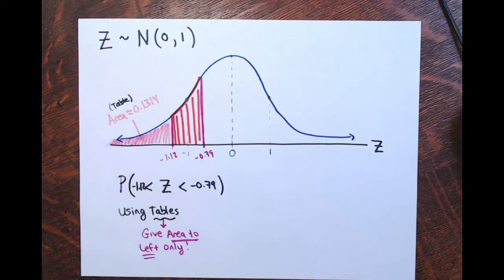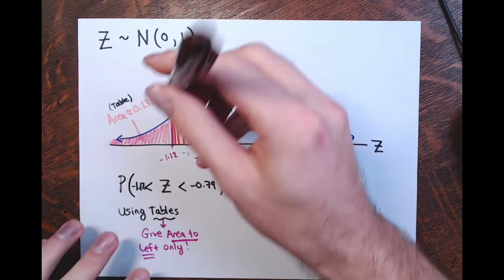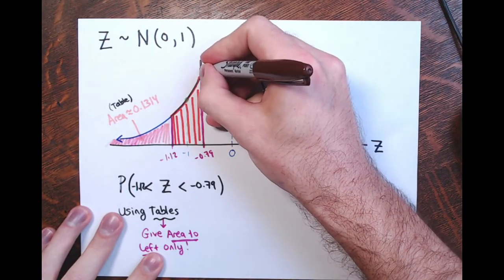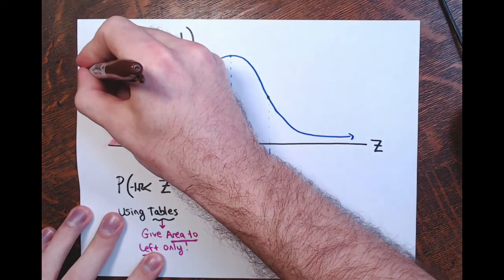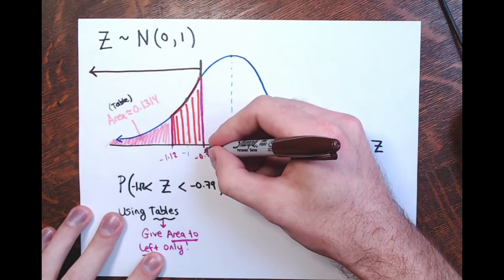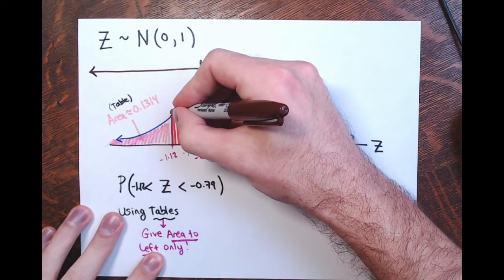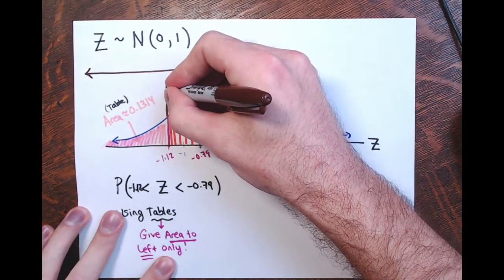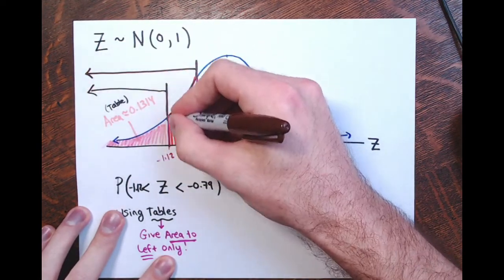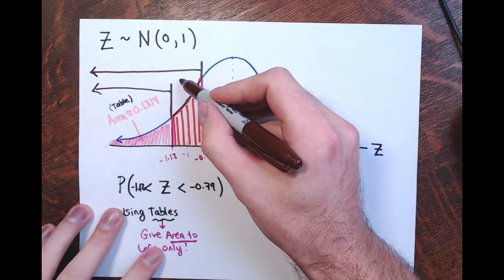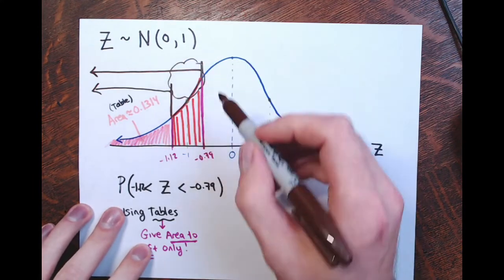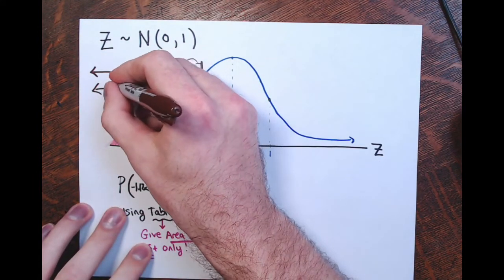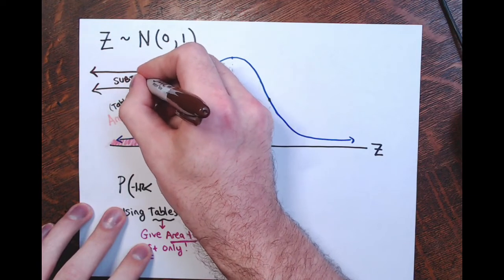I hope that makes sense. If I take the area all the way to the left of -0.79 and subtract the area all the way to the left of negative 1.12, I'll be left with this area in between, right? We're going to subtract these areas.